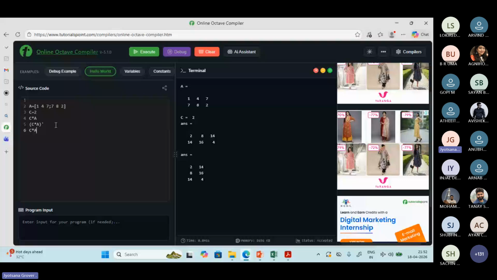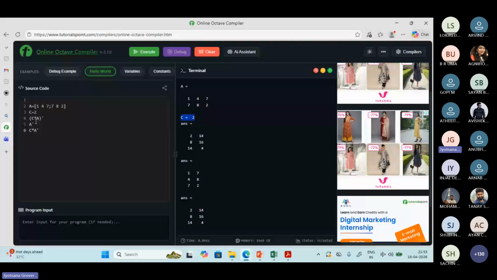You are taking A transpose. First I'll show you what is A transpose. Then you say C into A transpose. This is your A, this is your C, and the third step is C into A whole transpose.